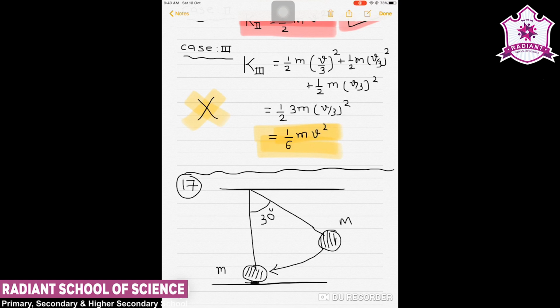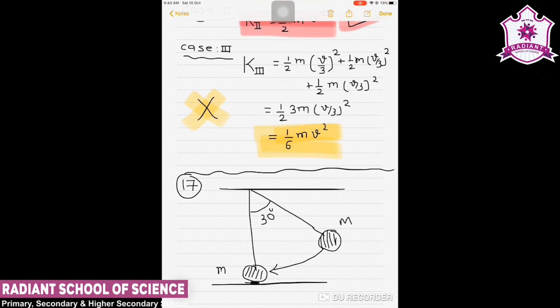If we consider an elastic collision, the bob A shall not rise, because when two bodies of the same mass undergo an elastic collision, their velocities are interchanged.